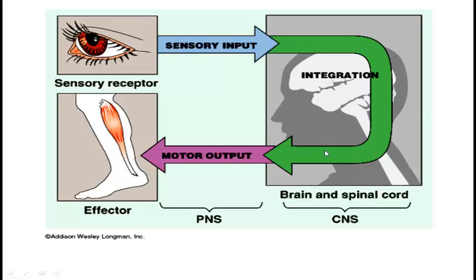The order leaves the CNS through the peripheral nervous system, through motor fibers to skeletal muscle, which results in contraction of certain skeletal muscles, which are the effector. So the effectors are the skeletal muscles, and through the contraction of these muscles, we will have the effect, which is either running or increasing the speed of your walking, and so on.